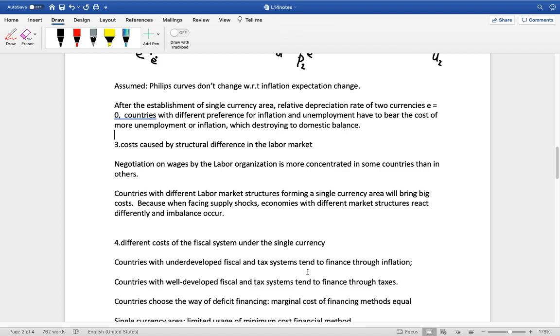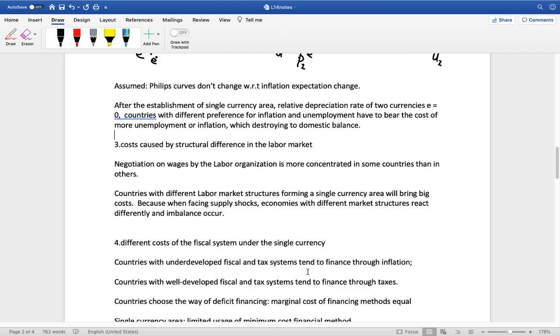Countries with different concentrations of labor organization forming a single currency, when they suffer the same supply shock, have different absorption capacity for the shock. Generally speaking, countries with high concentration have more employment and less impact on output, while countries with lower concentration have more unemployment and lower output.